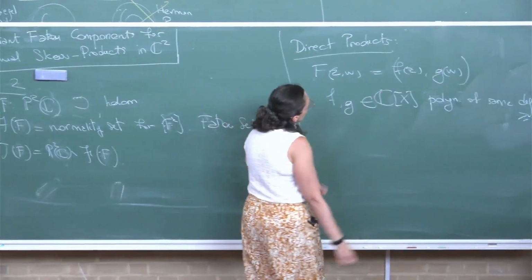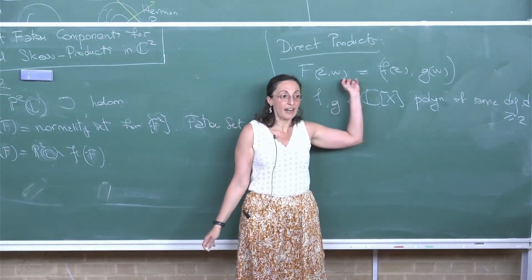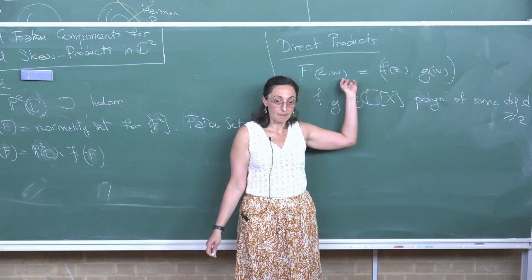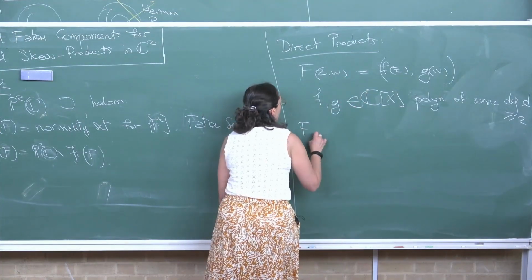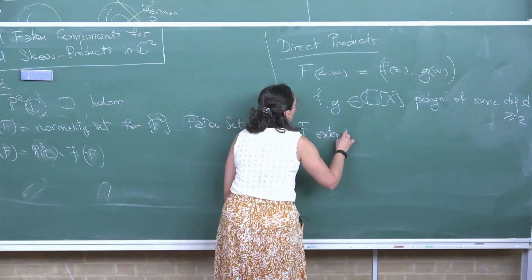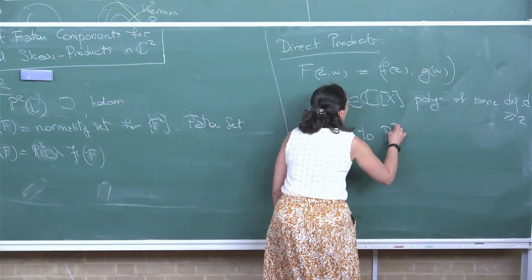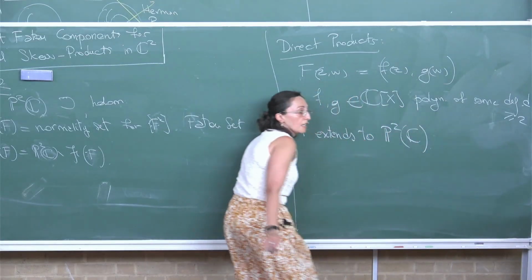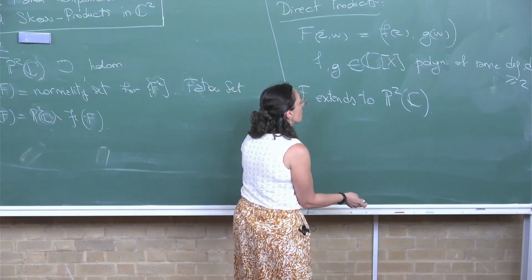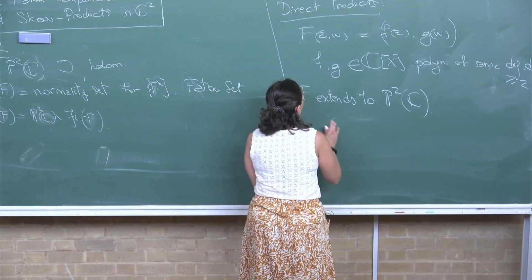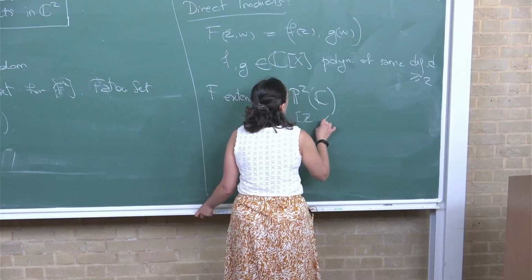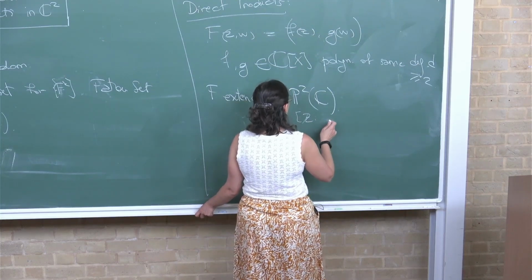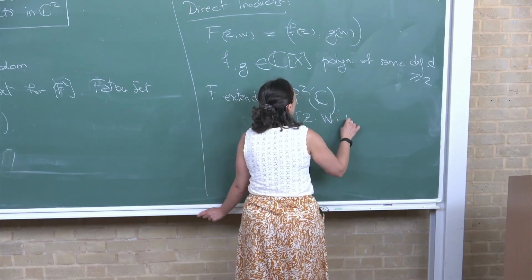And this means that I'm considering what is called a regular polynomial map in C2. It's regular because I can extend it to P2 of C easily. Sorry, I know this is not exactly standard, but that's how I think about it.